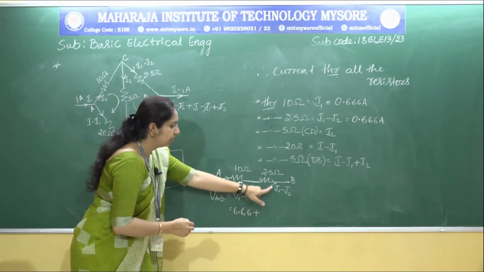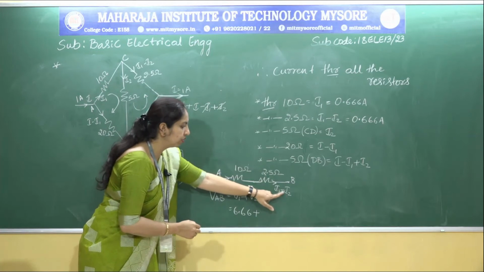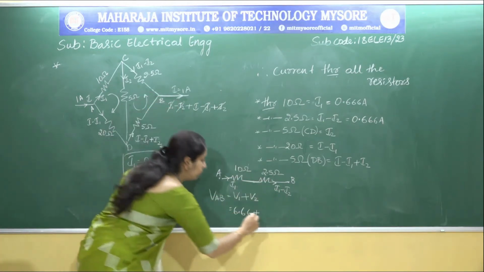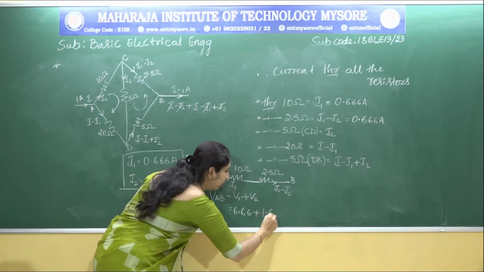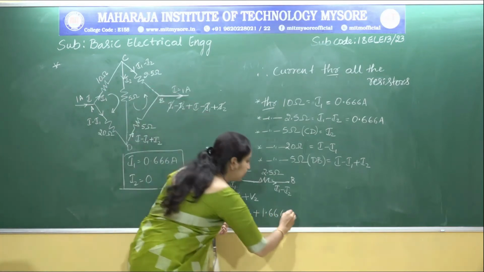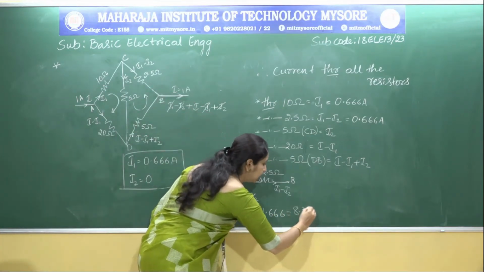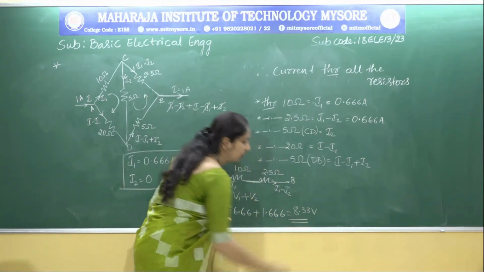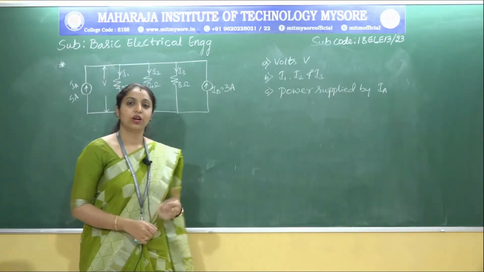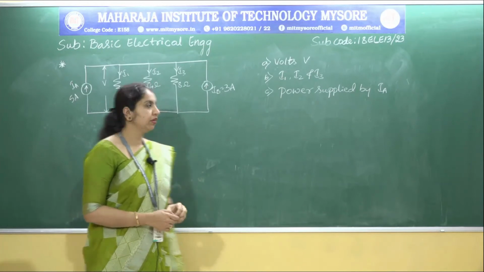V2 is nothing but 2.5 into I1 minus I2, so 2.5 into only I1, because I2 is equal to 0. So we get this as 1.666. Finally we get 8.33 volts, which is the voltage across A to B.